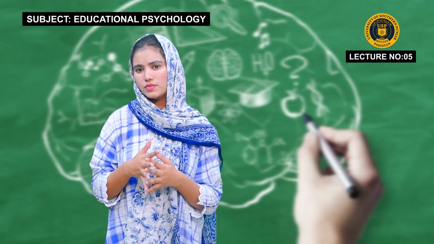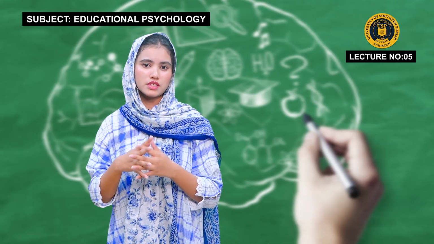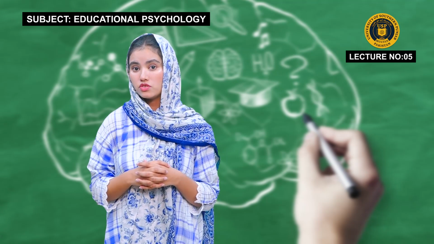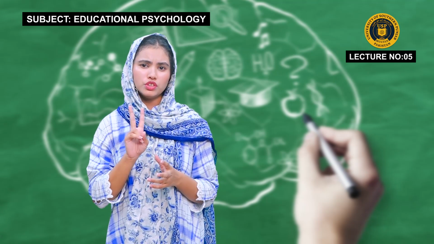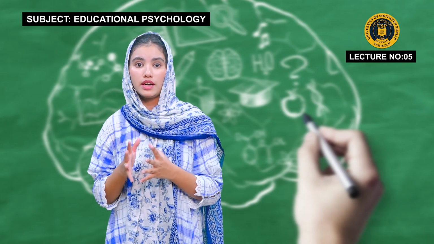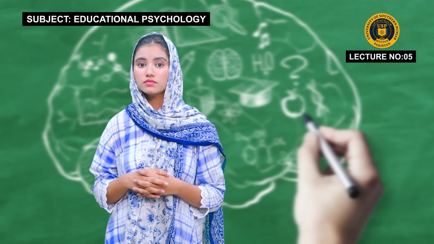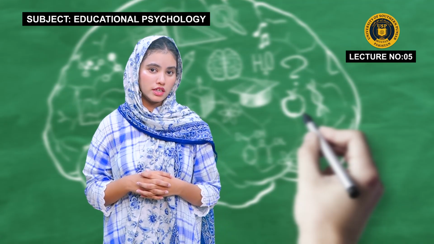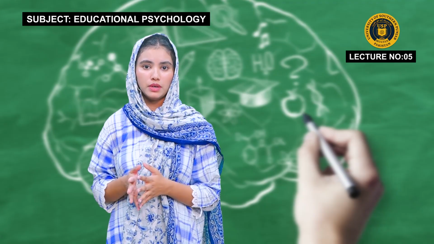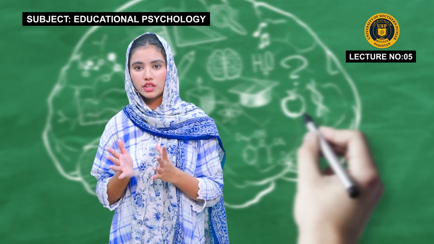Based on years of observation and research, Piaget proposed 4 universal stages of cognitive development. Sensorimotor stage, birth to 2 years: learning through senses and motor activities, developing object permanence. Pre-operational stage, 2 to 7 years: use of symbols like words, but egocentric thinking and difficulty with logic.